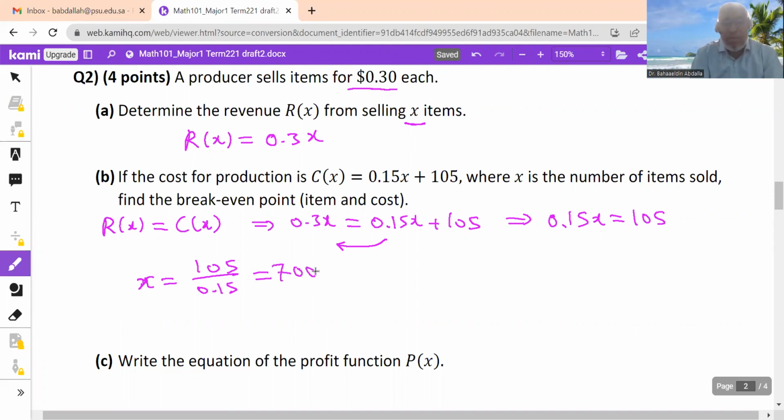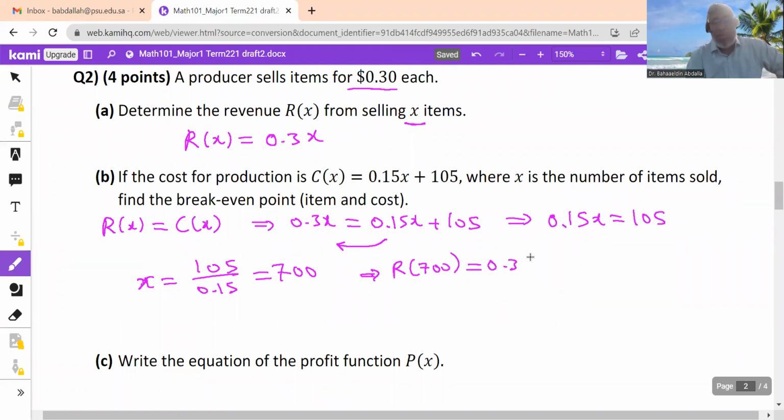Now x is what? The number of items. So here I found x, the number of items. I still have to find the cost or the revenue. These two functions are equal. So if you replace x by 700 either in the cost or in the revenue, you should get the same answer. It is easier to replace x in the revenue because it's one term.